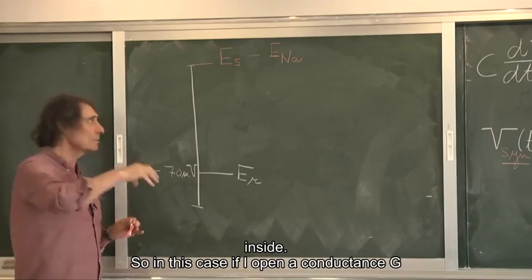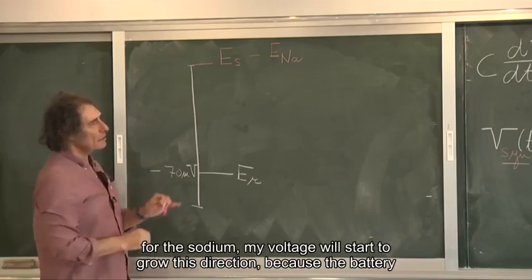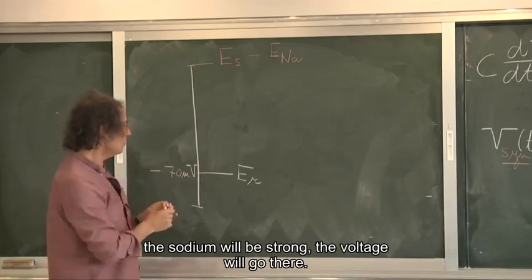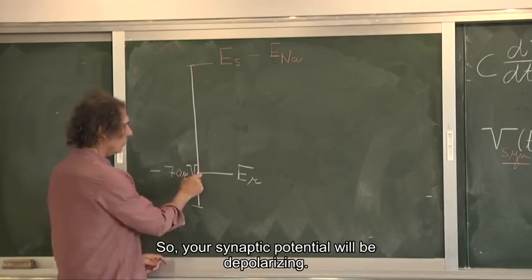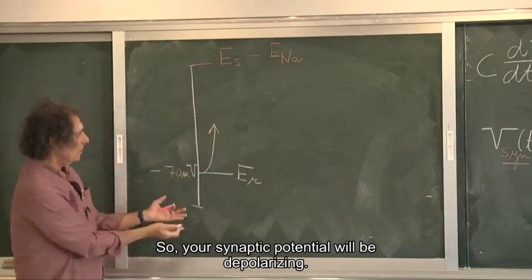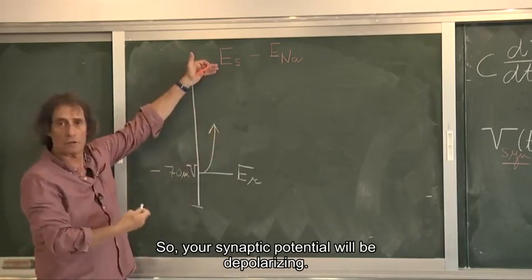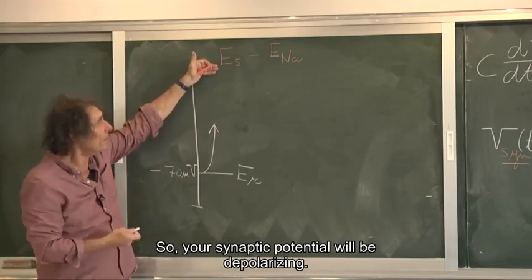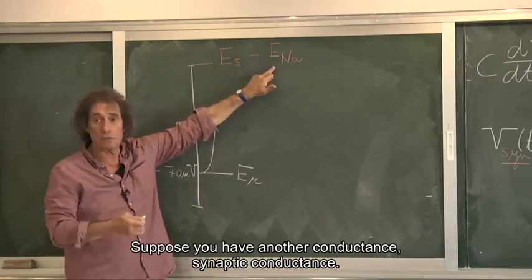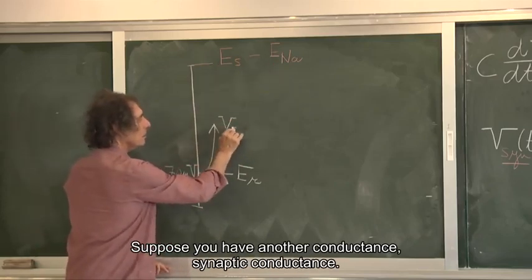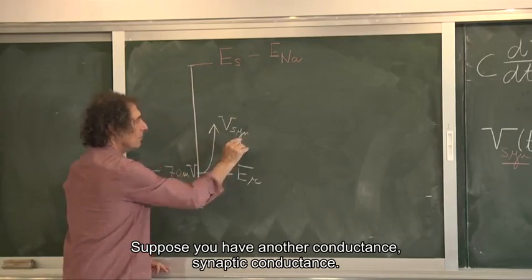Very big outside, small inside. So if I open a conductance G for the sodium, my voltage will start to grow in this direction, because the battery of the sodium will be more and more expressed if the conductance for the sodium is strong. So your synaptic potential will be depolarizing.